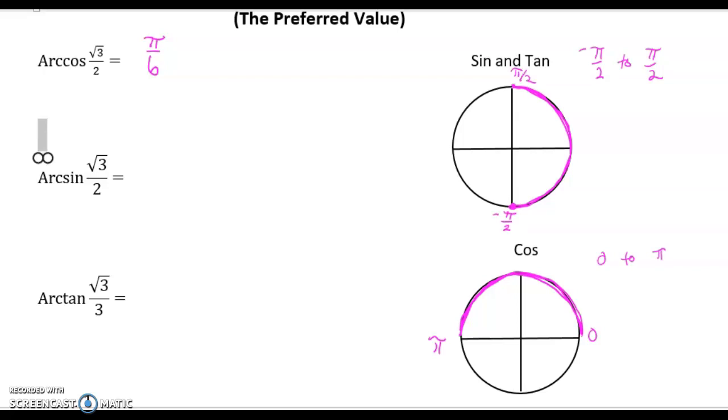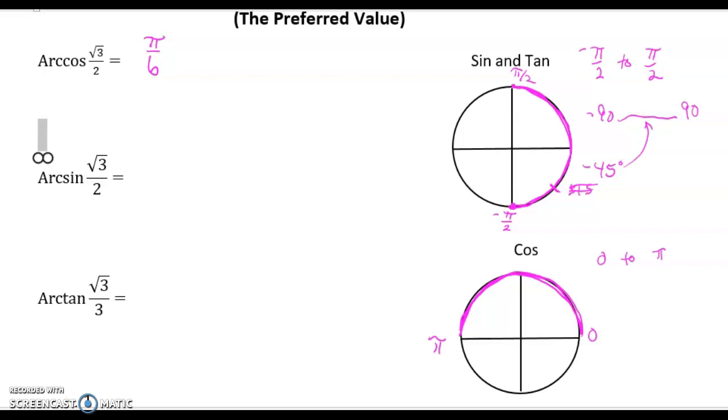It's like a number line. It has to be on the number line from negative 90 to positive 90. So for instance, you could not say 315 degrees, even though 315 is on the number line. You would have to use negative 45 degrees because negative 45 degrees is on the number line.